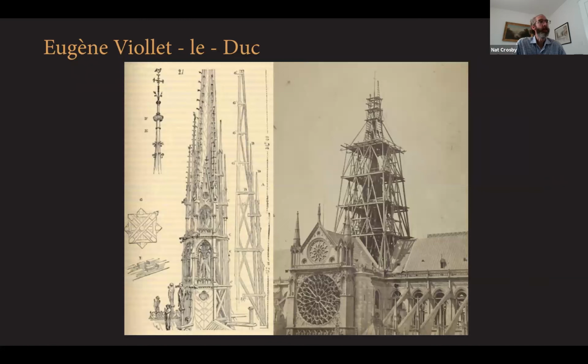And even in the information that we do know, some of the more readily available information was documentation from Eugène Viollet-le-Duc, and this provides us invaluable information. But we also must understand that the drawings that we have available to us from his point of view were drawings that were set up for publication.